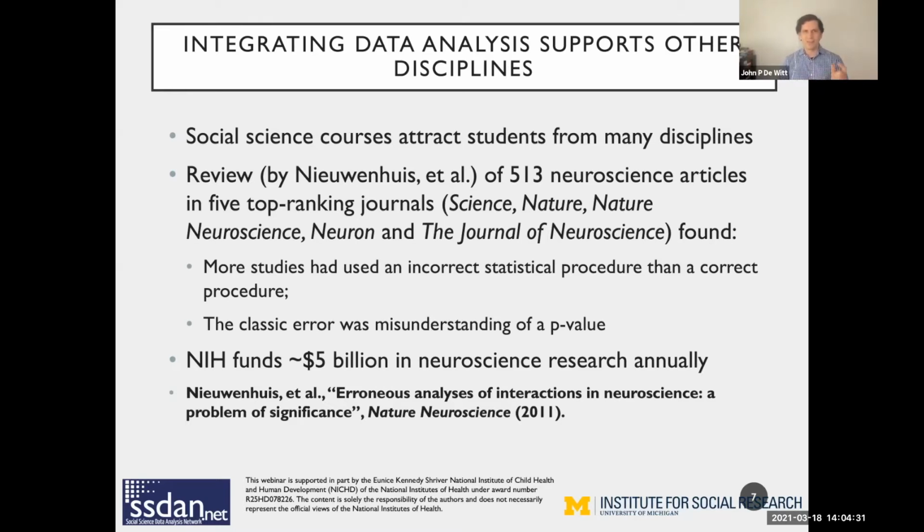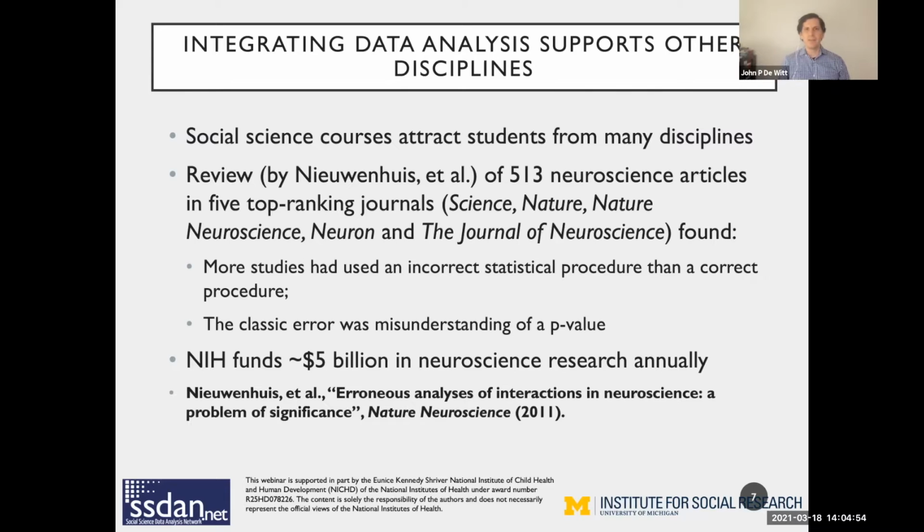I always like linking to this paper. It's mentioned here. It was published in 2001 in Nature Neuroscience, and it looked at the use of statistics in neuroscience research. There was a review of 513 neuroscience articles in the 5 top neuroscience journals, including Science and Nature.